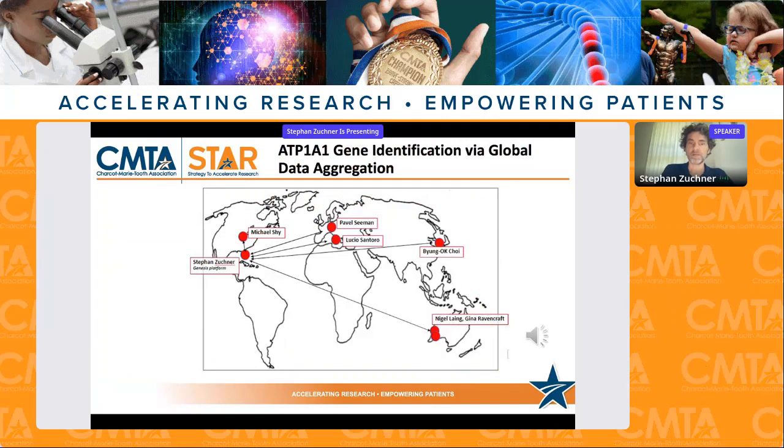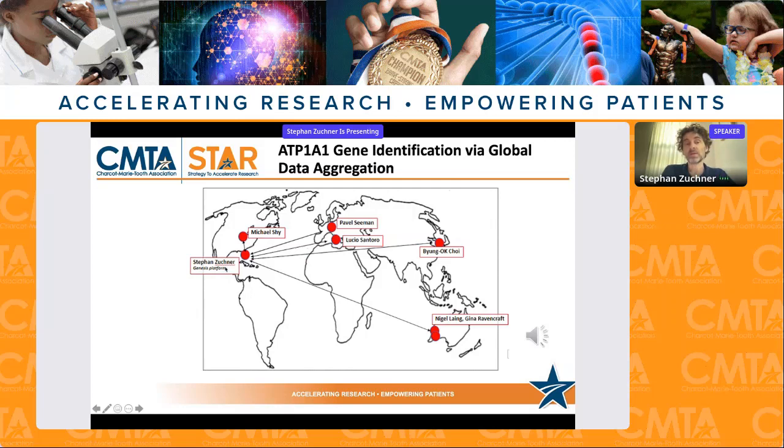This is another typical result of these collaborative studies. A novel CMT gene we found a few years ago called ATP1A1. That was discovered in multiple families from across the world, and that was only possible because we have the data aggregated in this Genesis database in Miami.